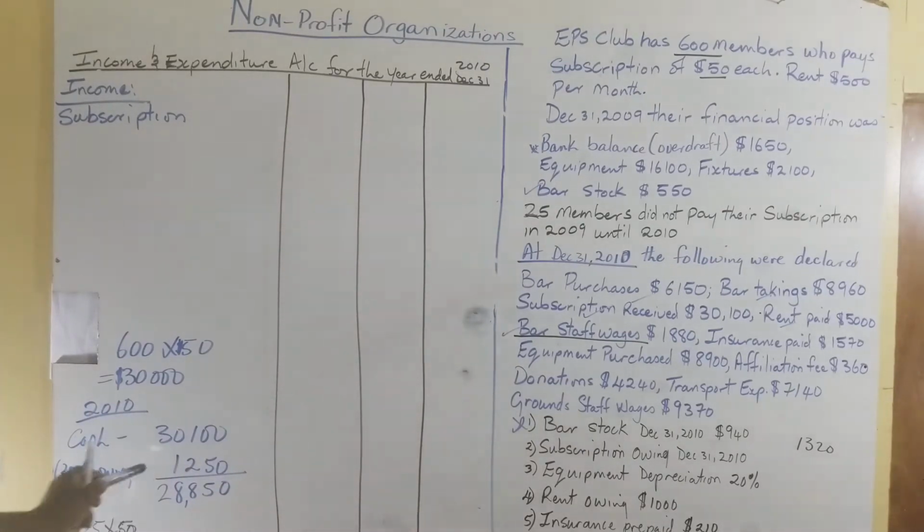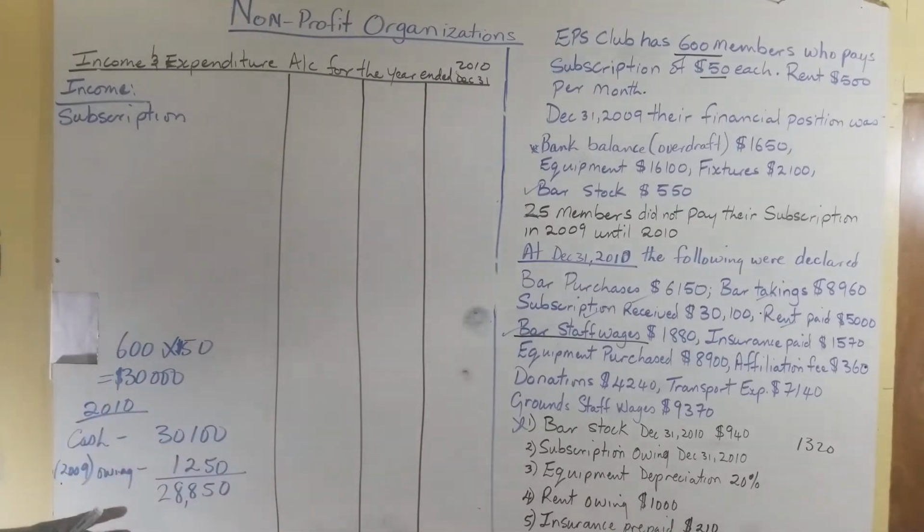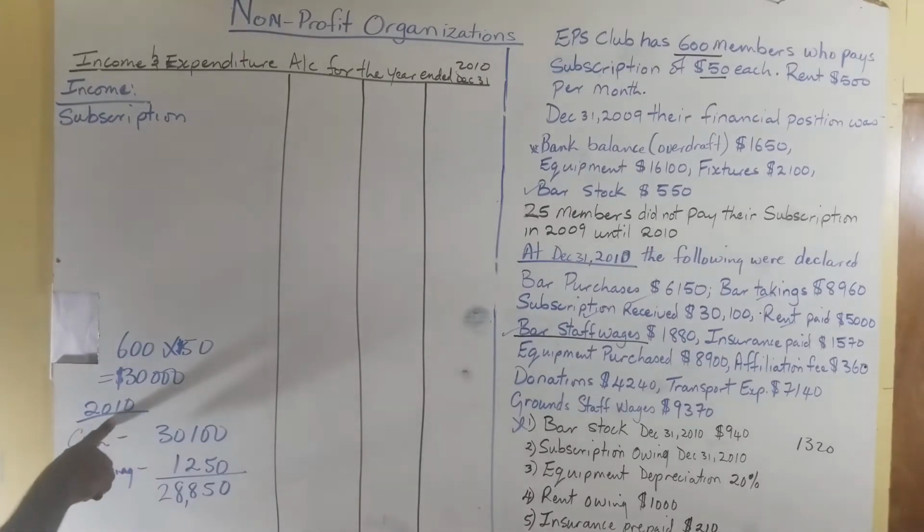That's how we got this figure, all right? So the amount of money that we receive that is in relation to 2010 would be 28,850. That is the amount of monies relating to the period of 2010.